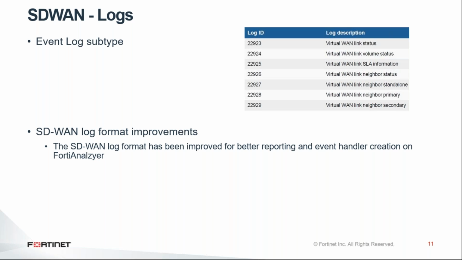So therefore, like we did for all the other logs we are generating from the FortiGate, we created event log subsystems. You can see a couple of them highlighted here, like virtual WAN link status, volume status, SLA information.